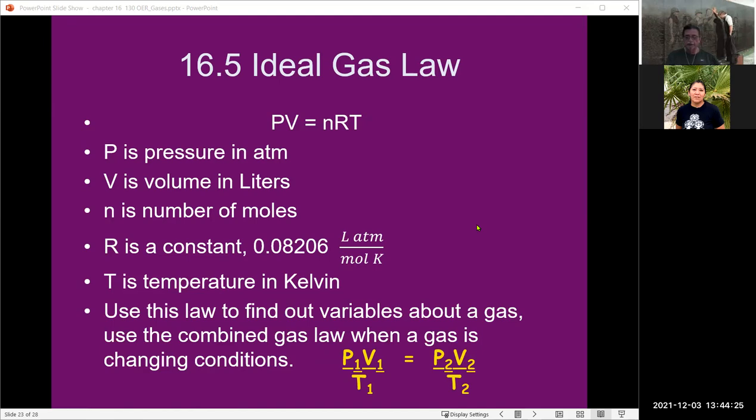Okay, so the combined gas law, as I stated, is the equation we use when we have changing conditions, whereas the ideal gas law is dealing with initial conditions. There's no change in condition here. It's telling you, here's the pressure, here's the volume, here's the moles, here's the temperature. Calculate one of those variables.